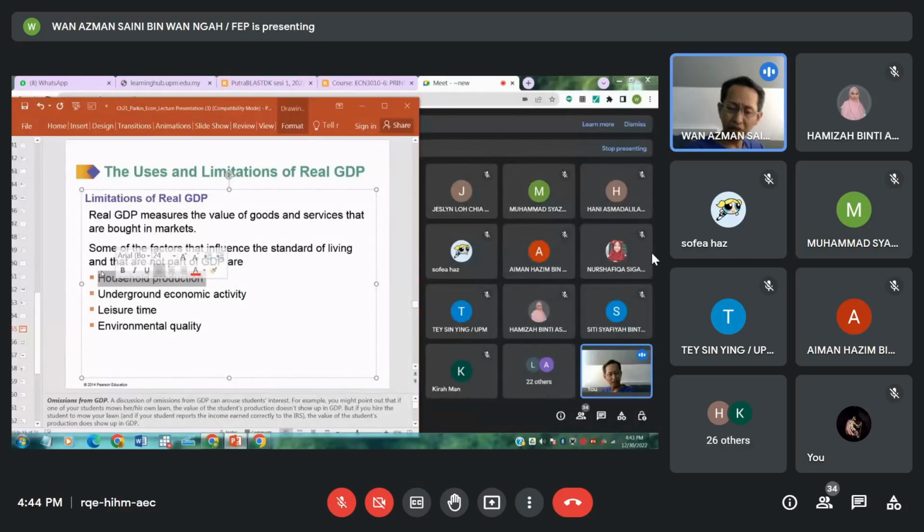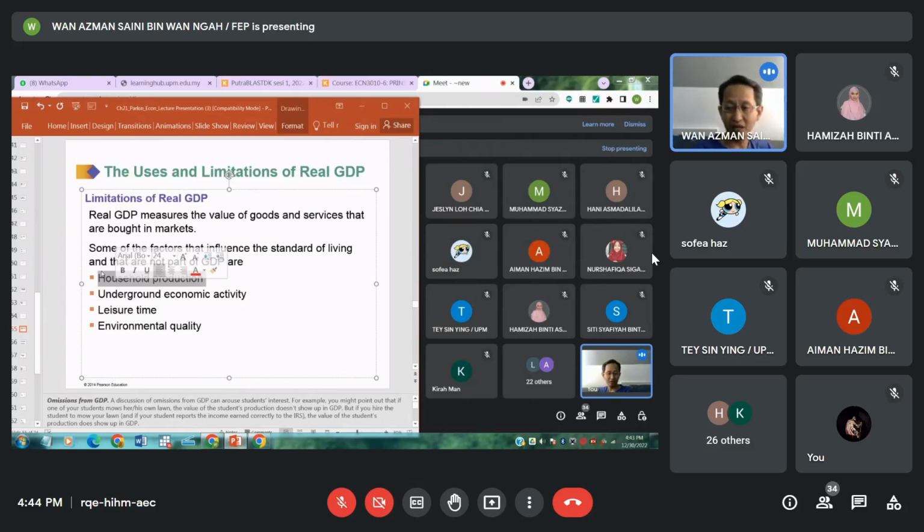Right? Leisure time is also omitted, because leisure time is also an important element of standard of living. If you have a lot of money but you don't have time for leisure, there'll be no point, right?